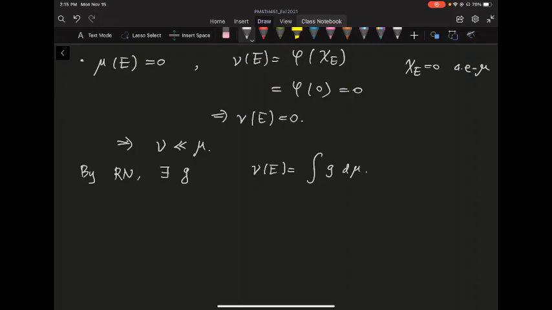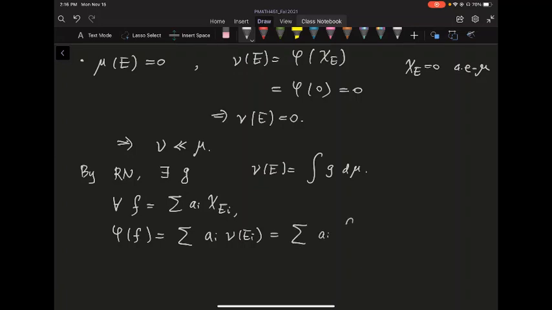And if you recall, let's assume any simple function f, which is equal to the sum of a_i chi of E_i. Then if you want to consider what happens to phi of f, by definition this is just the summation of a_i nu of E_i. Each nu of E_i is now an integral of this function g, so this is a_i times the integral over E_i of g d mu.